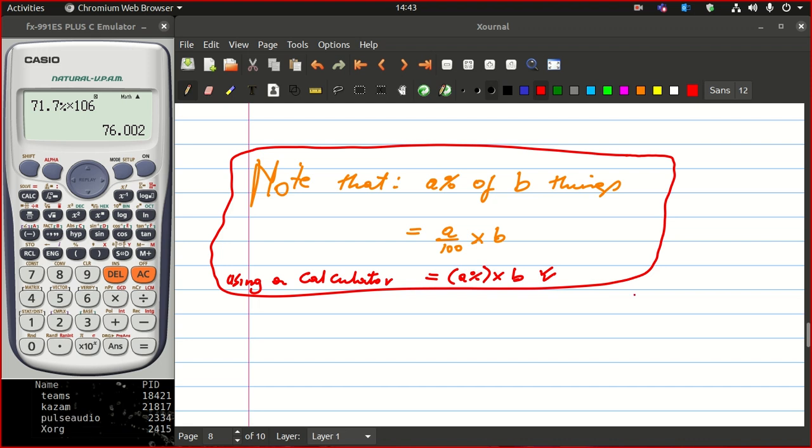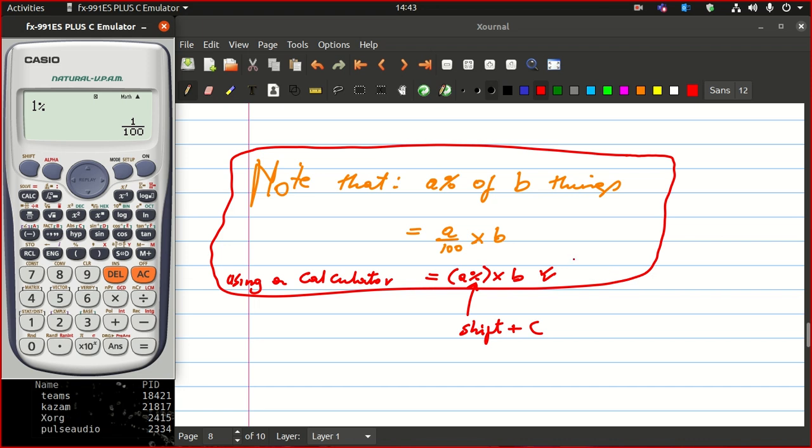For the percentage, you just press shift and the bracket key, and you can see the percentage appear. And of course, if we're having 1%, that's supposed to be 1 over 100. So this is what it's supposed to be.